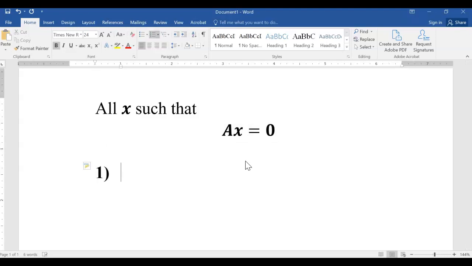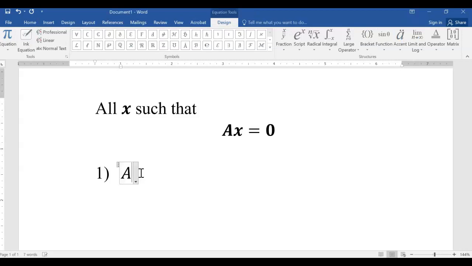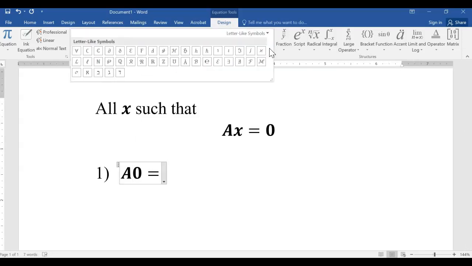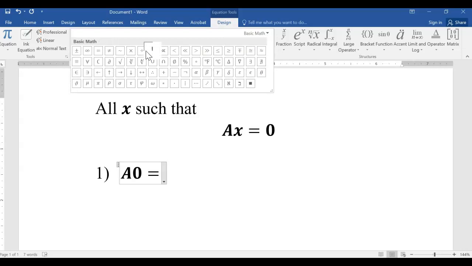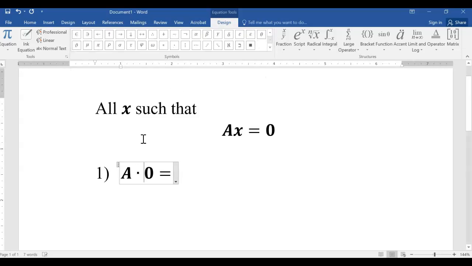Let's see if the 0 vector is in my null space? Well, all I have to do is ask myself, if you multiply A times the 0 vector, what do we get?